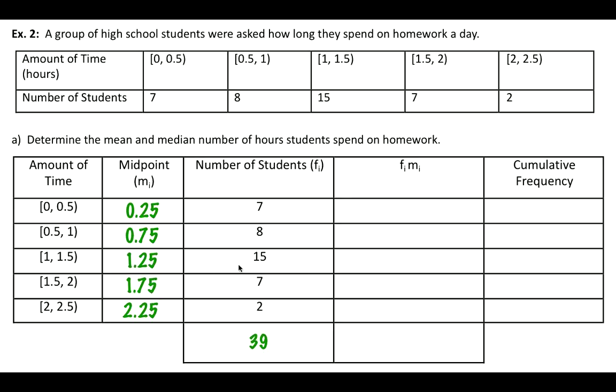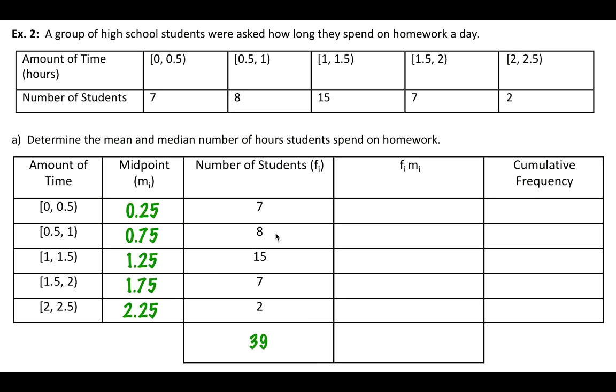We need to reflect somehow that, hey, there's a lot more students that are studying at a midpoint value of 1.25 than there are that are at a midpoint value of 2.25. So if we just take the average of this column, we're not reflecting the fact that there's a whole bunch of students that are actually studying in this interval. And there's very few that are studying in this one. There's less in these two, and so on and so forth.